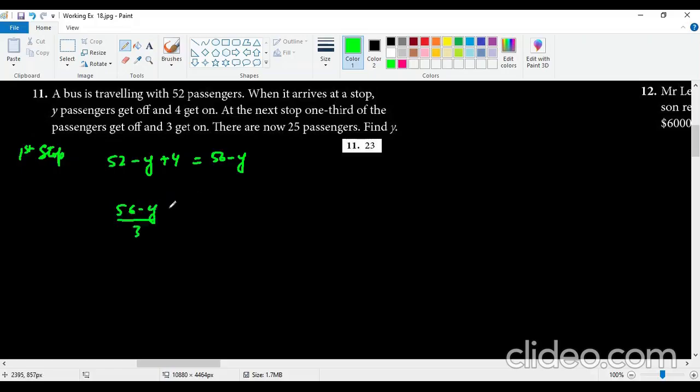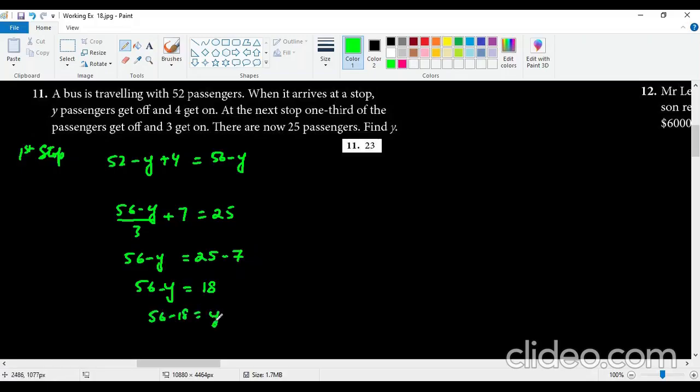That means (56 minus y) over 3, and then 7 added to this, becomes altogether 25. Solving this equation, 56 minus y equals 25 minus 7, which is going to give us 18, and 56 minus 18 equals y.